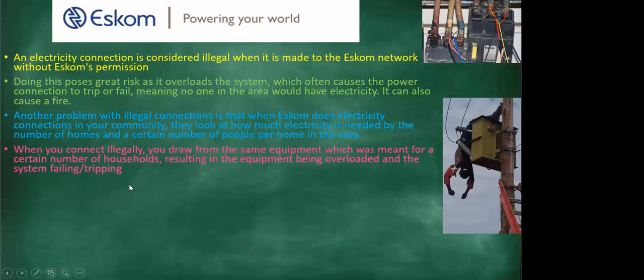So when you connect illegally, you're drawing from the same equipment which was meant for a certain number of people or households, resulting in the equipment being overloaded and the system failing or tripping.